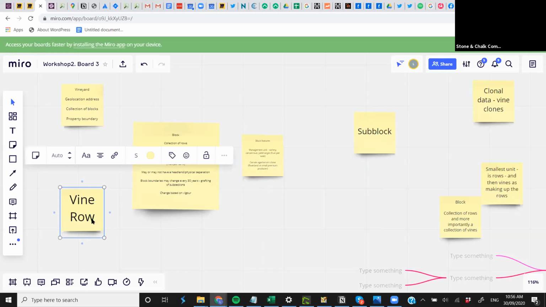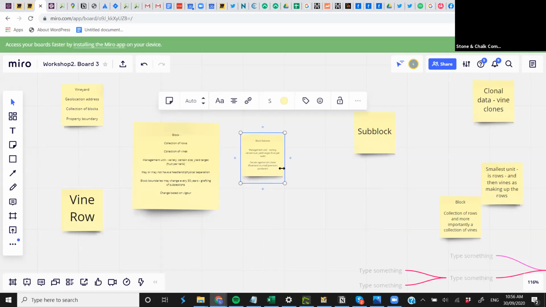And whilst you're typing in the block features, you'd want to note the row and the vine spacing in there, and potentially the variety and the clone, and potentially style of trellis too. Style of trellis is useful.